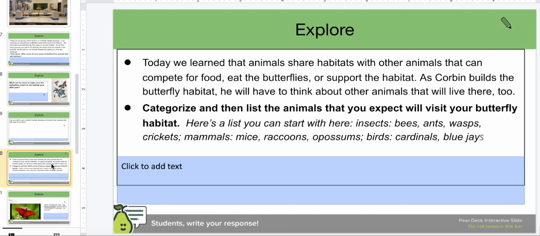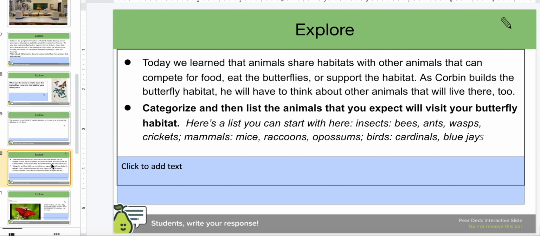Next, we learned today that animals share habitats with other animals that can compete for food. They do compete for food and eat the butterflies sometimes and support the habitat. In our last video, we watched that Corbin builds this butterfly habitat, and he will have to think about other animals that will live there too.